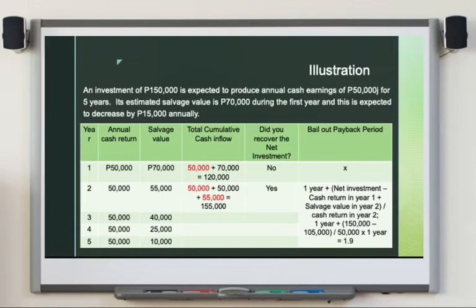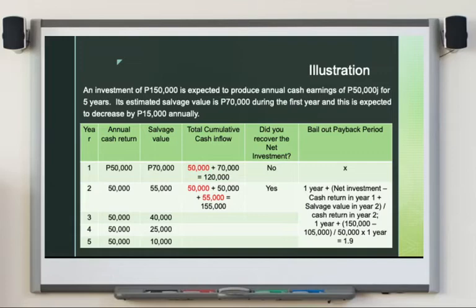Okay, so for the first year, we have an annual cash return of 50,000, and the salvage value of the equipment is 70,000. Should we decide to stop the operation and recover all the possible cash inflow, that would be the annual cash return and the salvage value, that is only equivalent to 120,000.